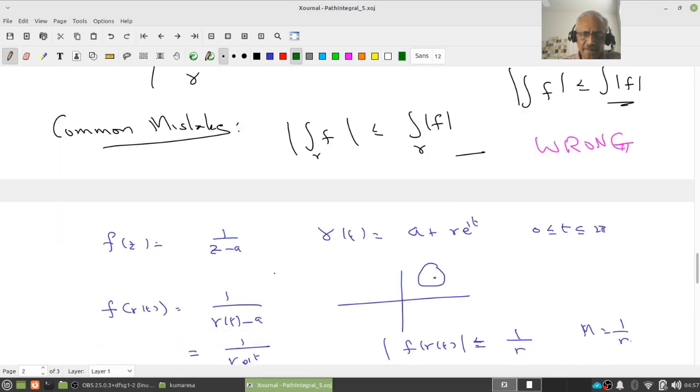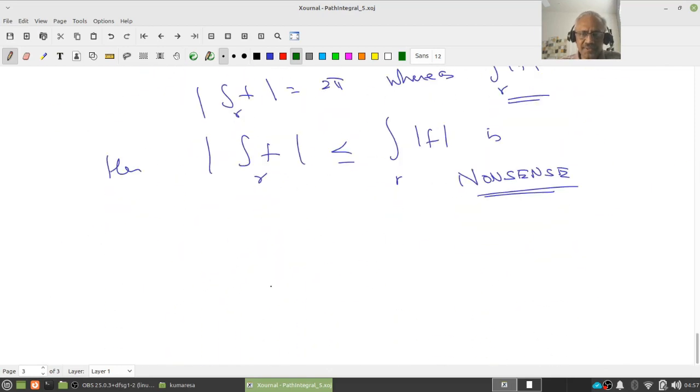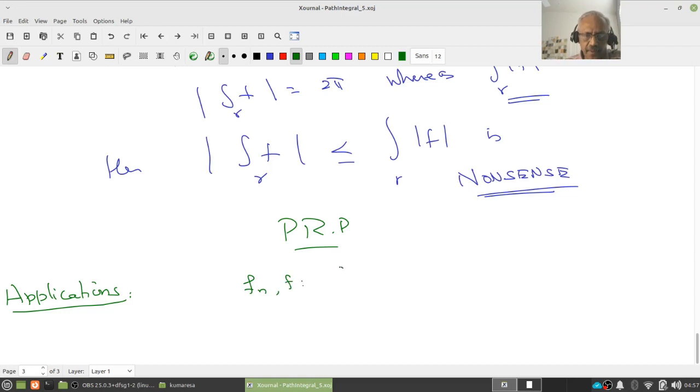Now let's give some applications. So pause, review, proceed. Now we will look at applications. The first application is, suppose f_n and f are continuous functions on gamma to C. As usual, gamma is a path.